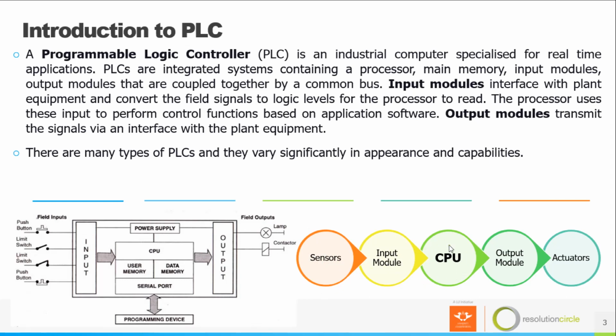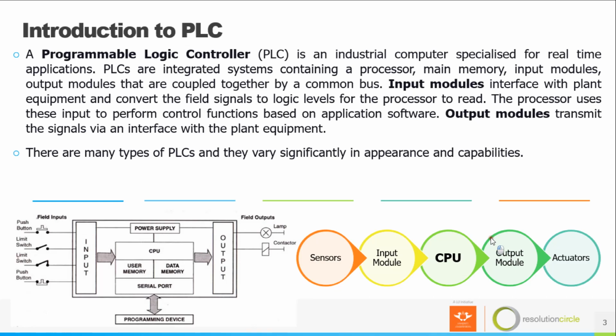Then based on the program on the PLC and the state of your process, based on the information that your inputs bring to your CPU and the algorithm that you have written, your CPU will update the output which is connected to your actuator.